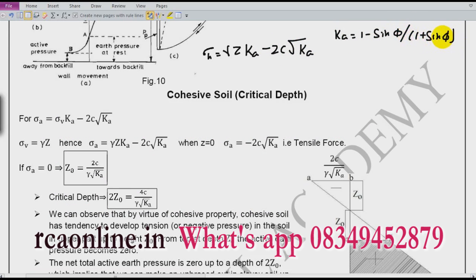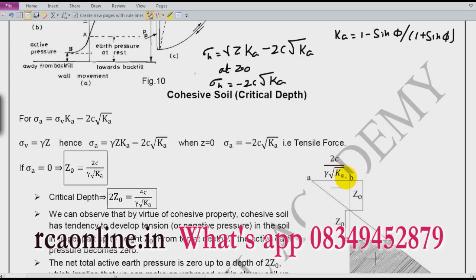Please remember this. Okay. So, if we see the cohesive soil, then at z equal to 0, what we find is that sigma h is minus 2c root of Ka, which is very important. It shows that at the top of the cohesive soil, the horizontal earth pressure is negative, which means that the soil is in tension, which I have shown here.